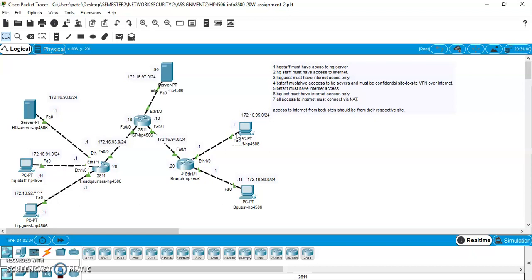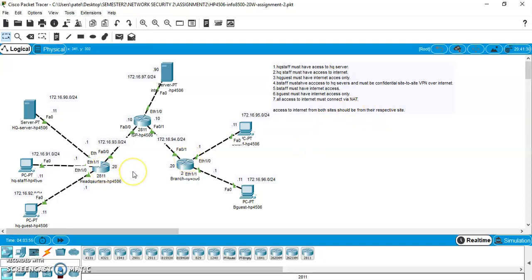All the access to the internet must be through NAT, which I'll be talking about later. And it also says the access to the internet from both sides should be from the respective side.